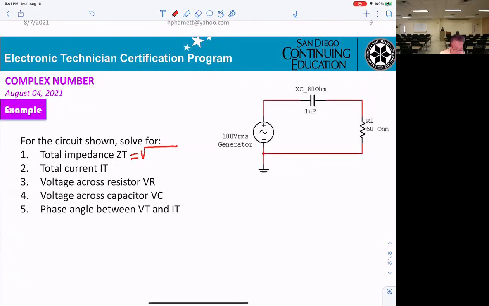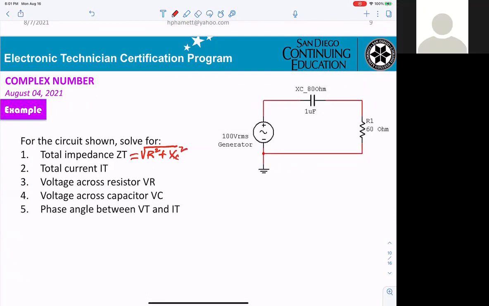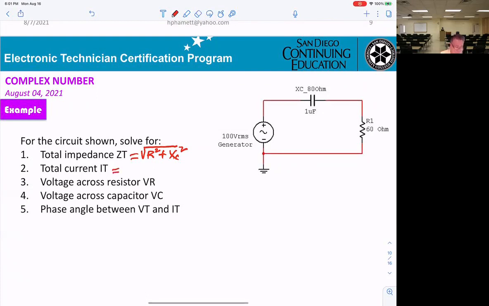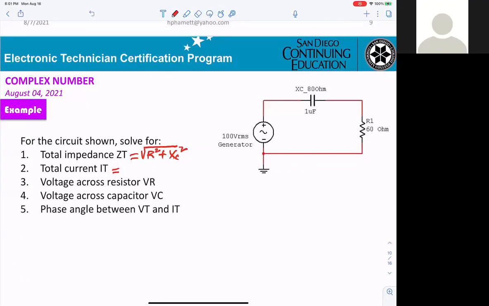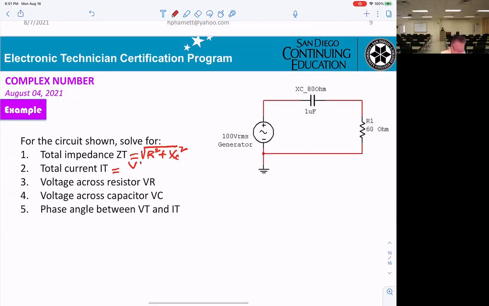Is it square root? Right? Now, how do we calculate the current? VRMS divided by ZT, total impedance. V total, right?